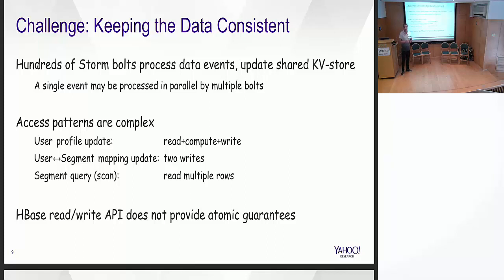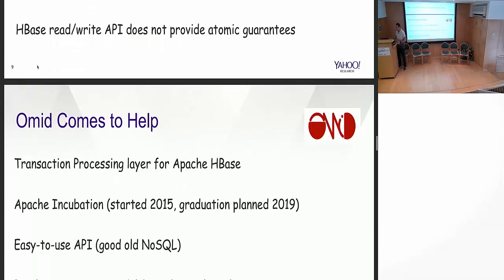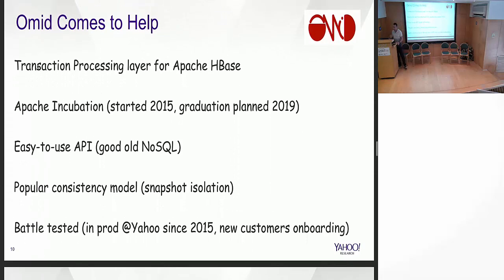When we run an online scan, we want to get a consistent view of the database across multiple rows. The HBase API doesn't provide anything of that. So here Omid, the project we worked on for 5 years, comes to help. It is a transaction processing layer on top of Apache HBase.